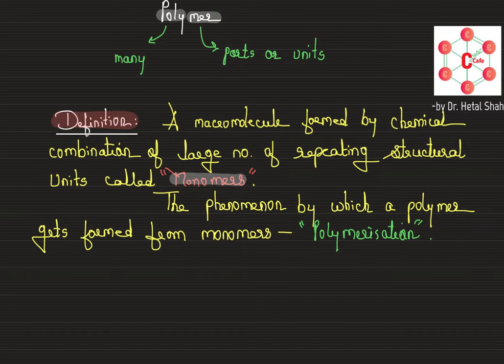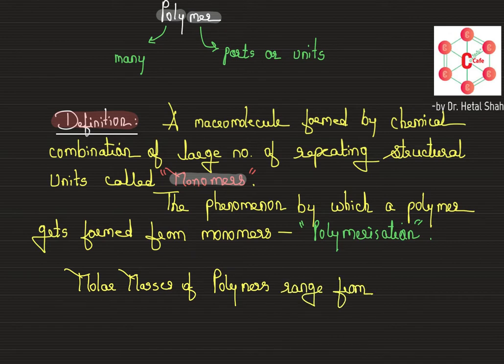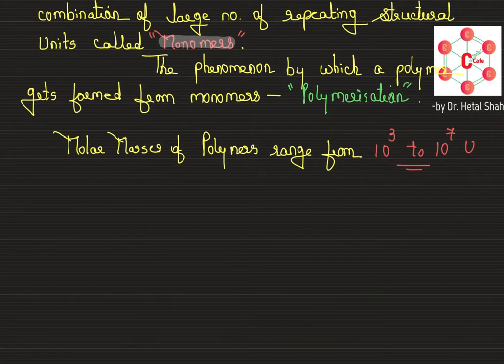The molar masses of polymers range from 10 raised to 3 to about 10 raised to 7 u. So these are really big molecules, right? And we generally call them macromolecules, right?